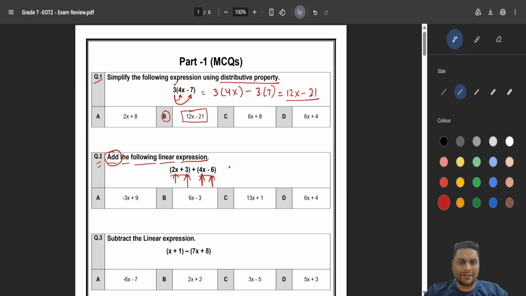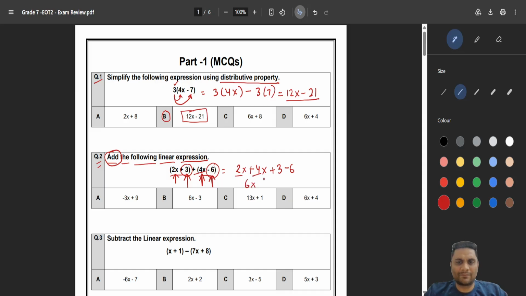So I will rewrite it as 2x, plus 4x, then plus 3 and minus 6. So if you see, now the x and x are together, number and number are together. Now 4 plus 2 will give me 6.